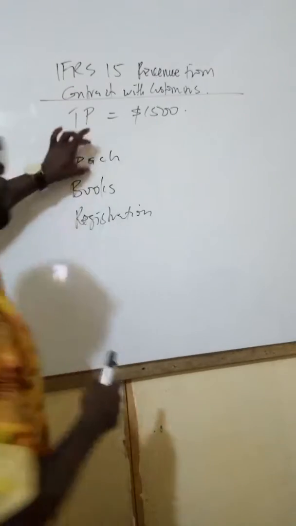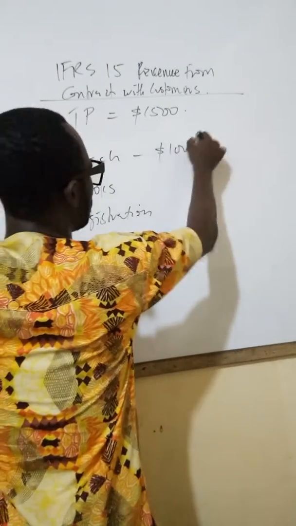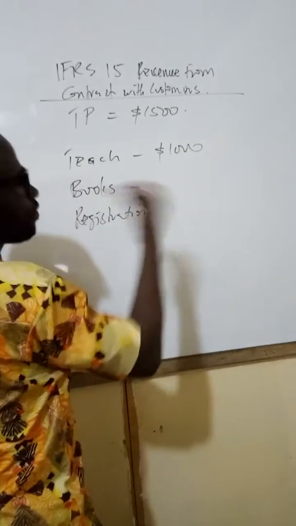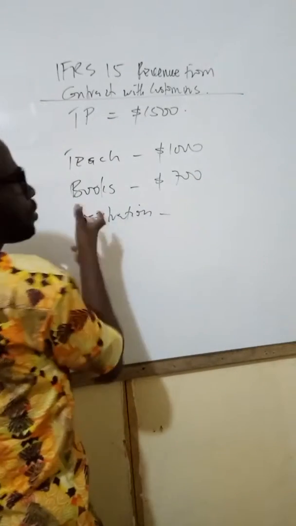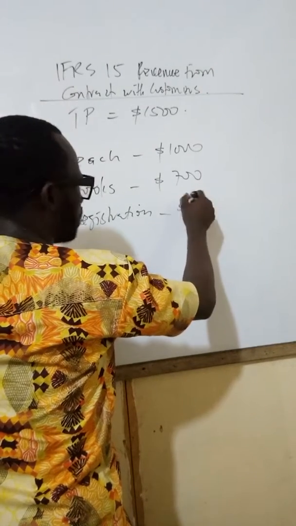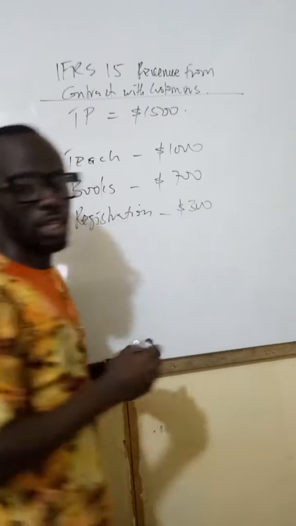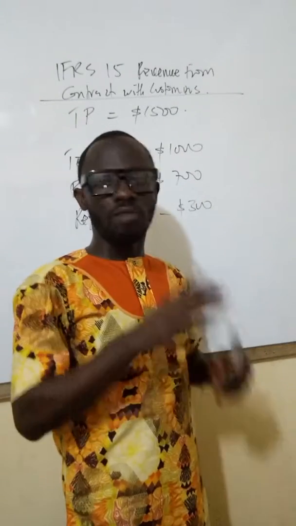So if I'm teaching alone, I could charge the person $1,000. My books given to the person, I could charge the person $700. When I help people to register for their exams, I could assist them with that, and I'll charge them $300. So these are what we refer to as the standalone prices.